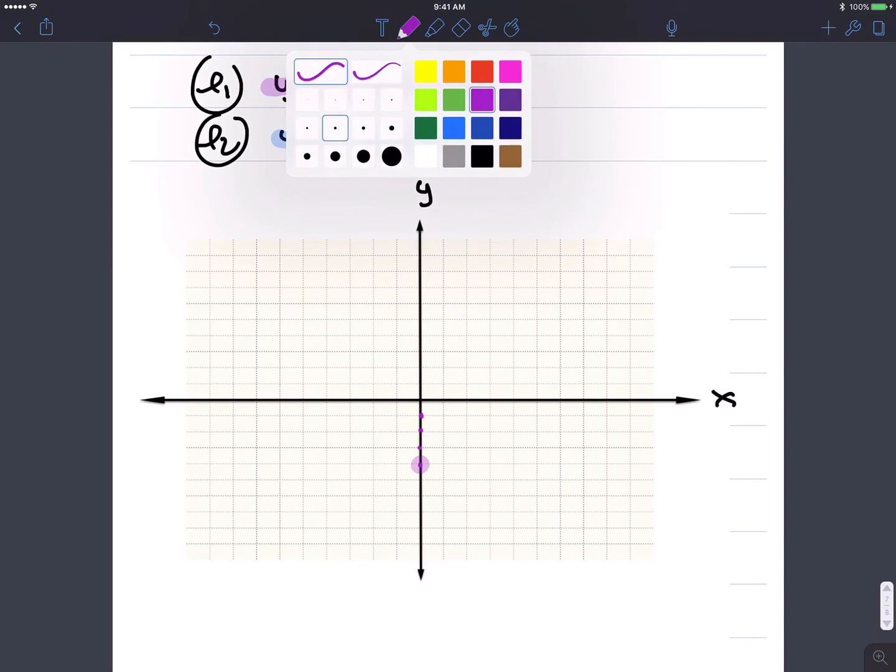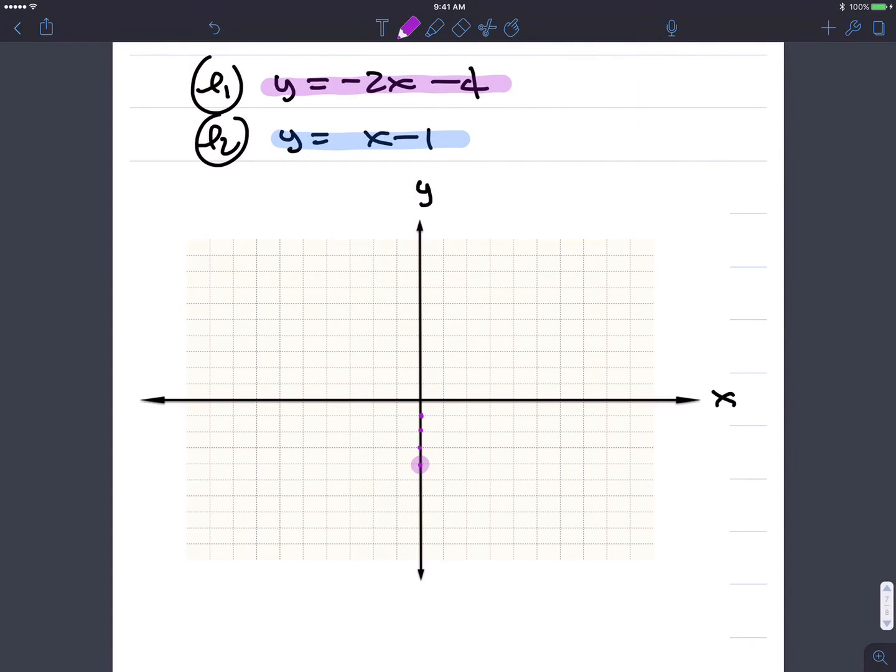We're now going to use a slope of -2. Go down 2 to the right 1. Let's draw our line. This is line 1.